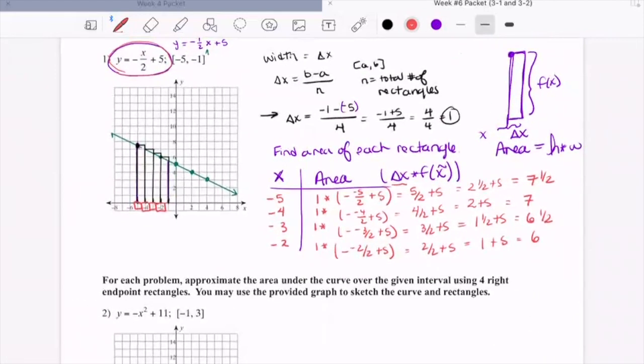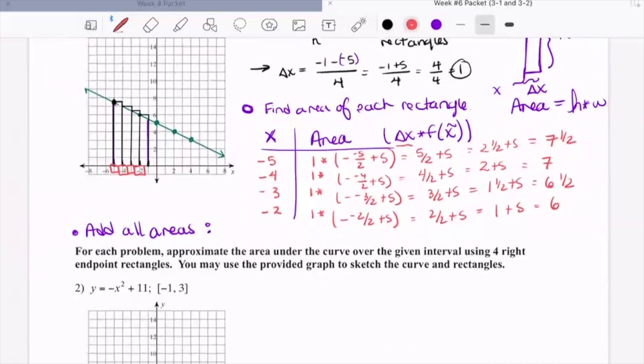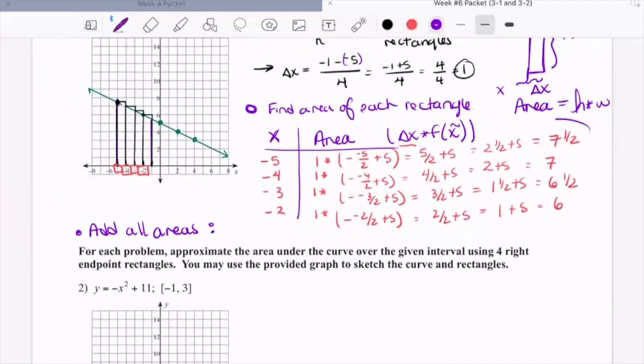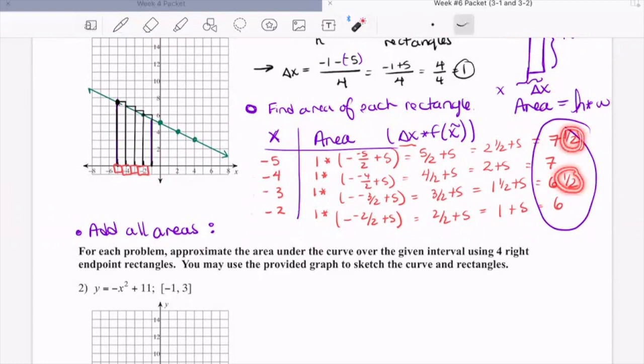So now, after finding the area of each rectangle, what we're going to do is add all the areas. So for that, we're going to get the sum of the areas here. We could do that in our calculator or look strategically. We see that we have 1/2 plus 1/2 gives us 1.